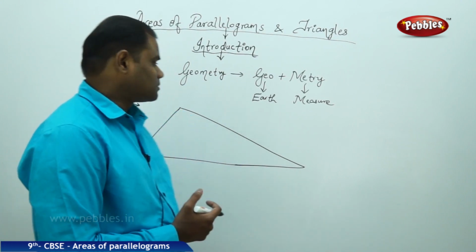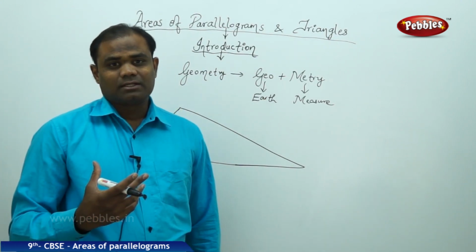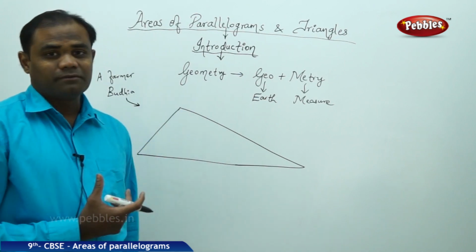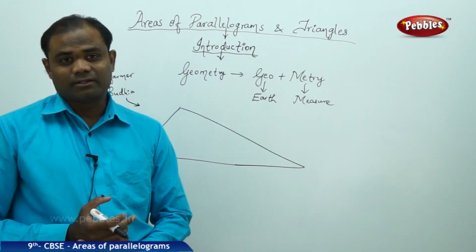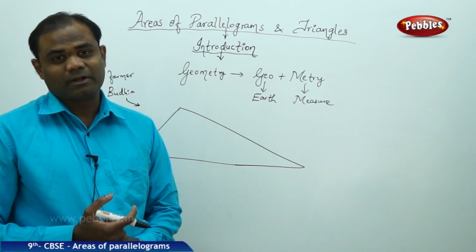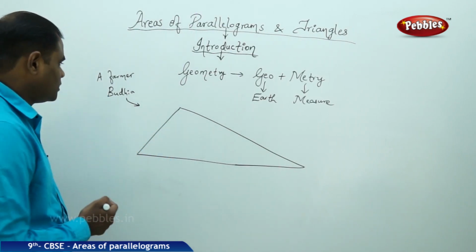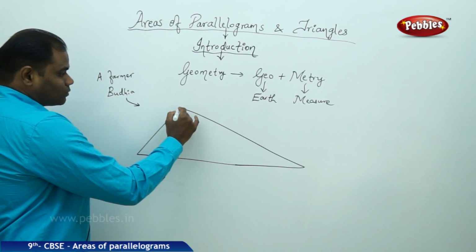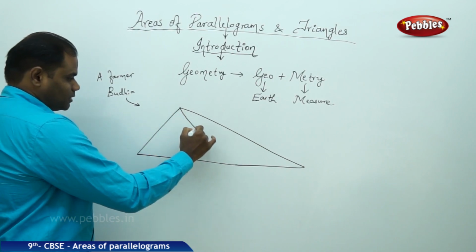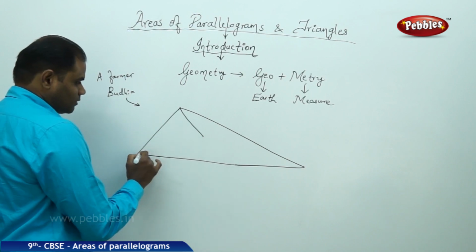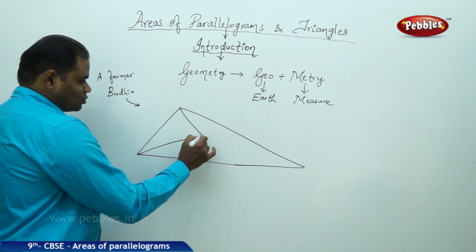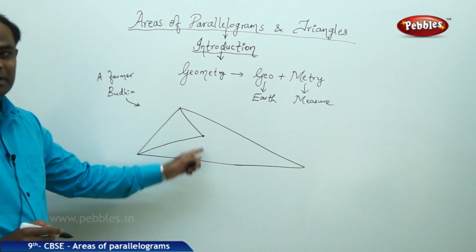Such problems give us an indication that we need to give more importance to areas of triangles and, of course, areas of parallelograms. So here Budhia has tried to cut his land from each corner to some estimated point in the middle.